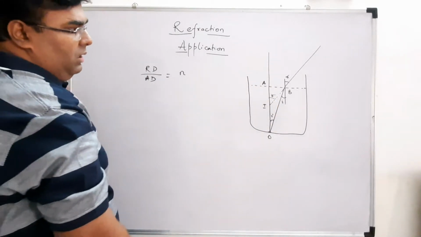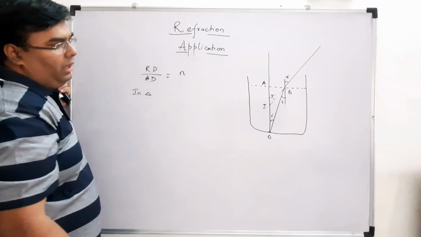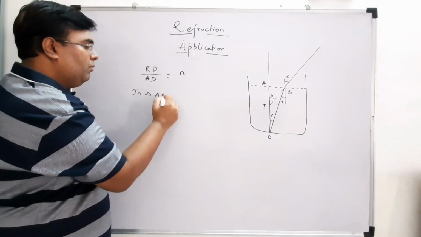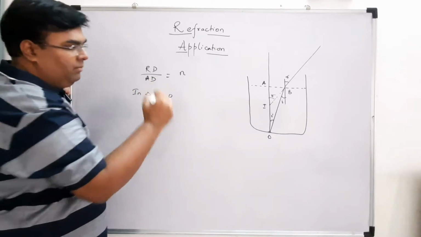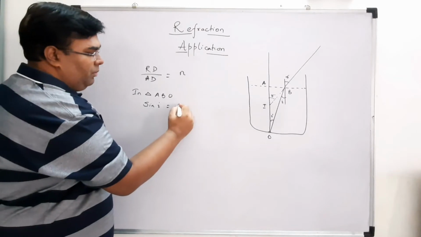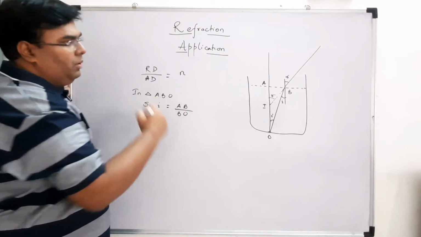Now in triangle ABO, if I write sin I, it will be the perpendicular, which is AB upon BO.